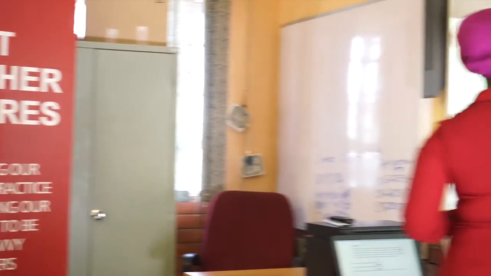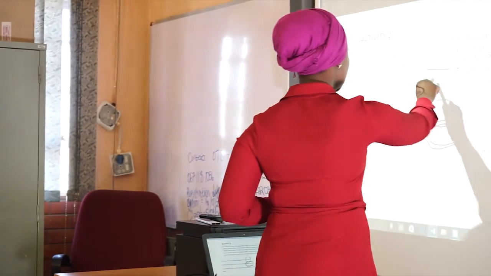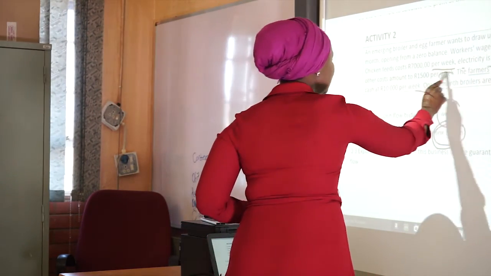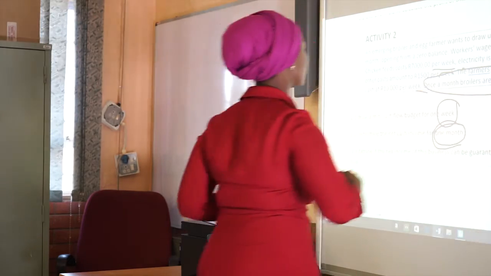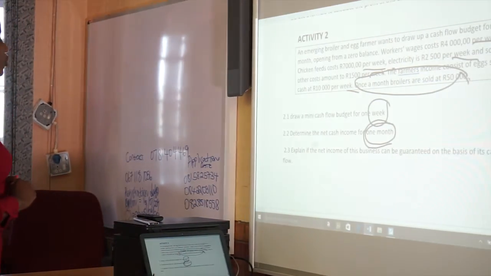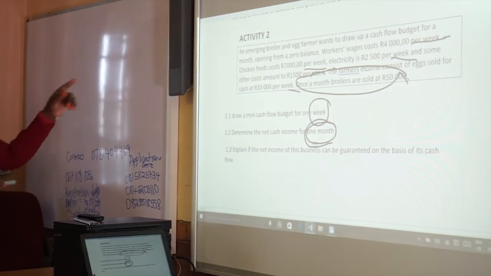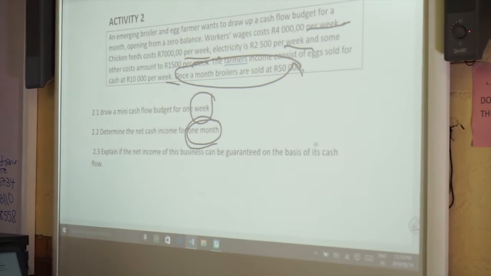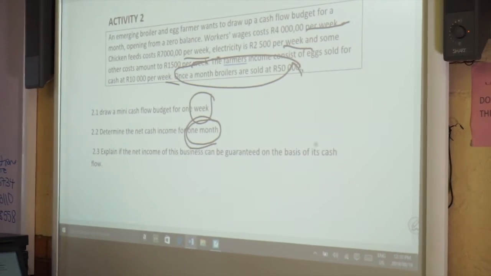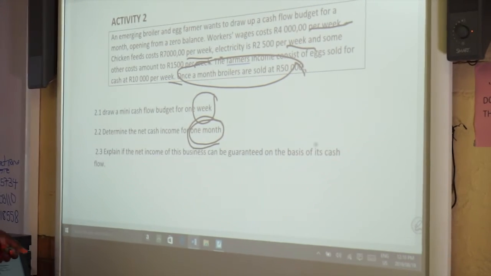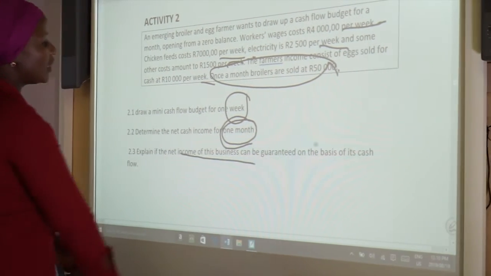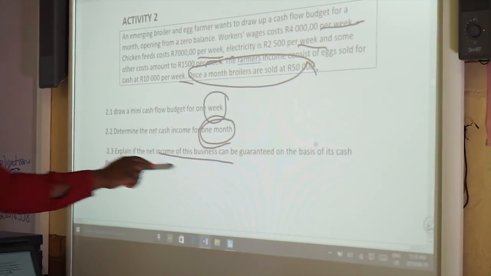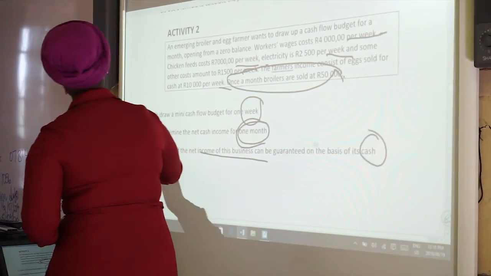All these activities were done on a weekly basis, except this. This is the only thing that was sold on a monthly basis. So now a learner needs to take these expenses and convert them into a month instead of a week. And then from there, a learner needs to explain if the business is making income or the business is running on a loss based on the cash flow statement.